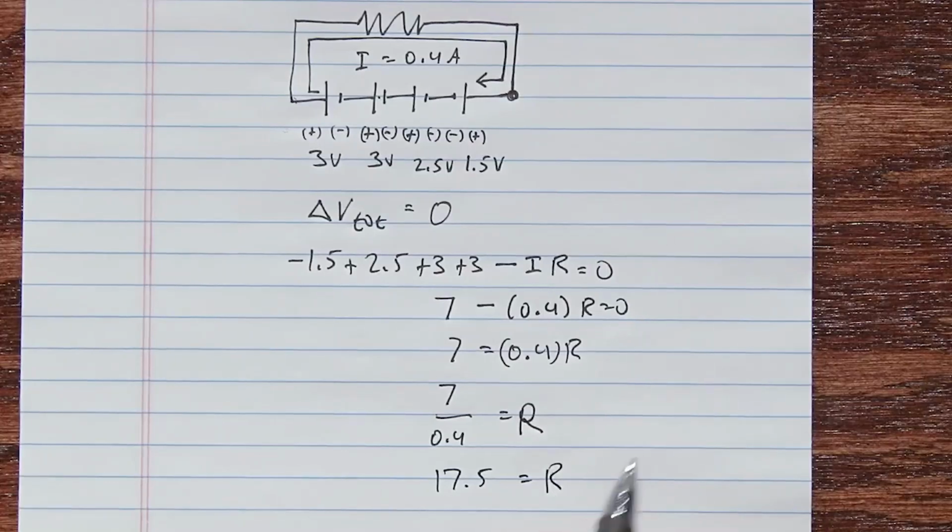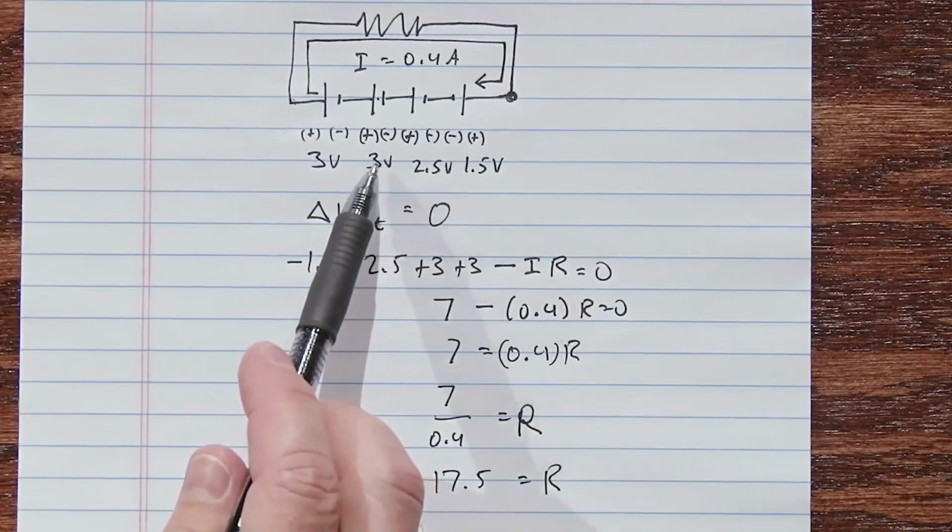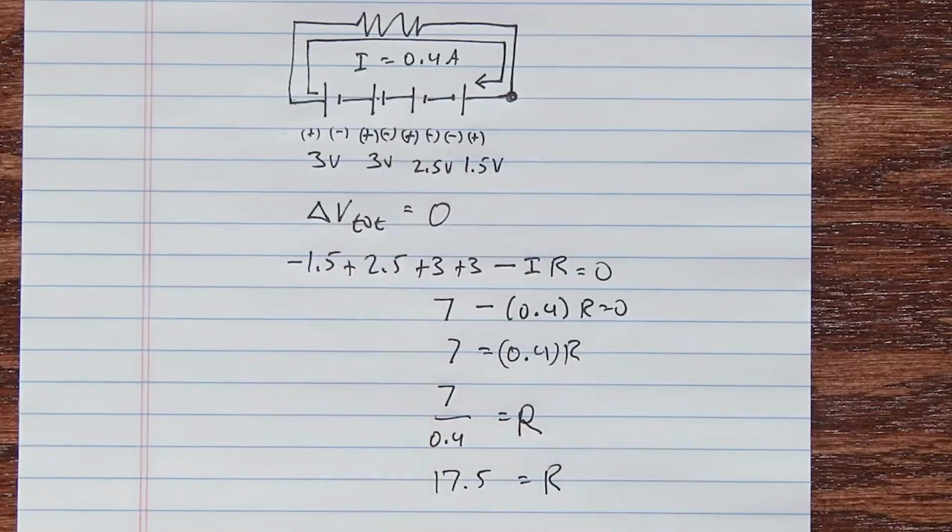And since we're dealing with basic metric units, volts and amperes, that means this is 17.5 ohms of resistance. And that is the answer to the question that we were asked: what is the resistance of the resistor?